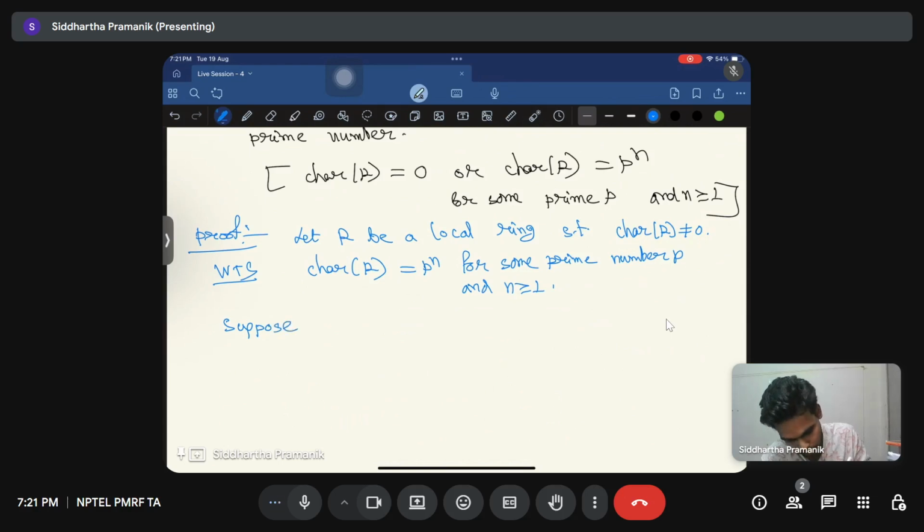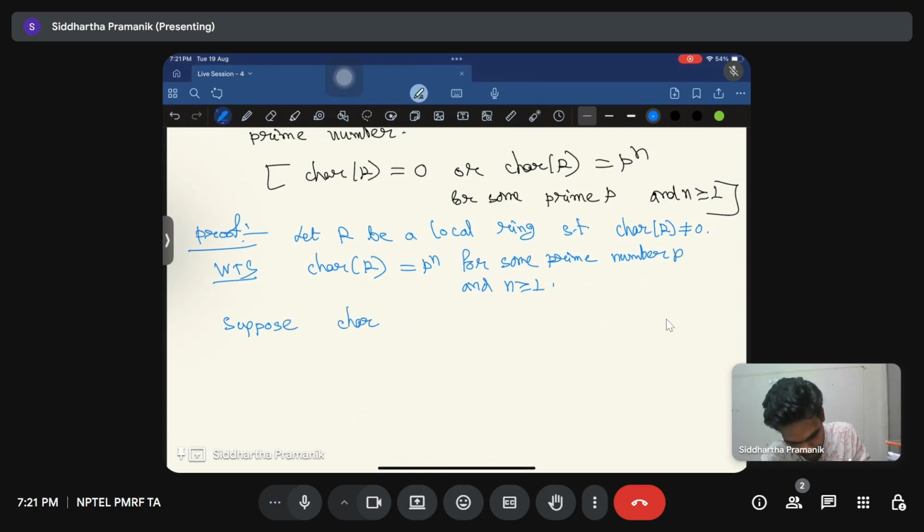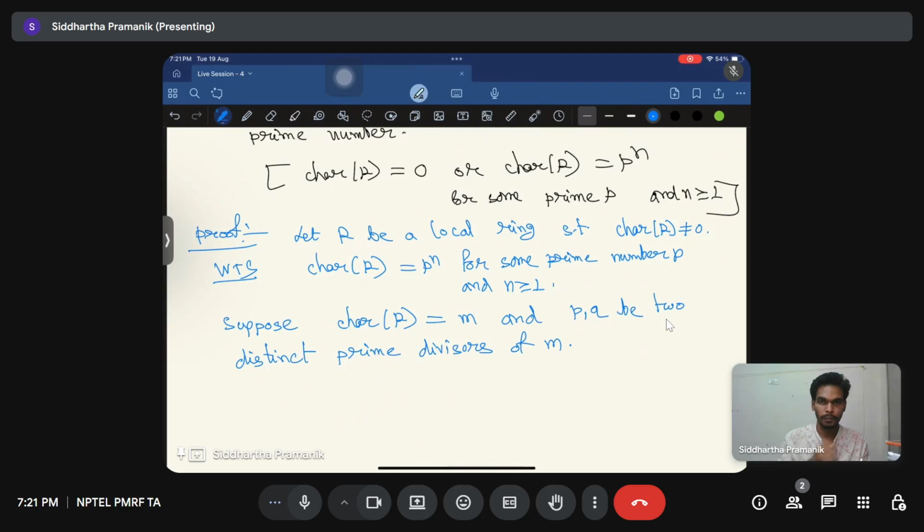Suppose characteristic of R equals m, and p, q are two distinct prime divisors of m. So p and q are two distinct prime numbers.